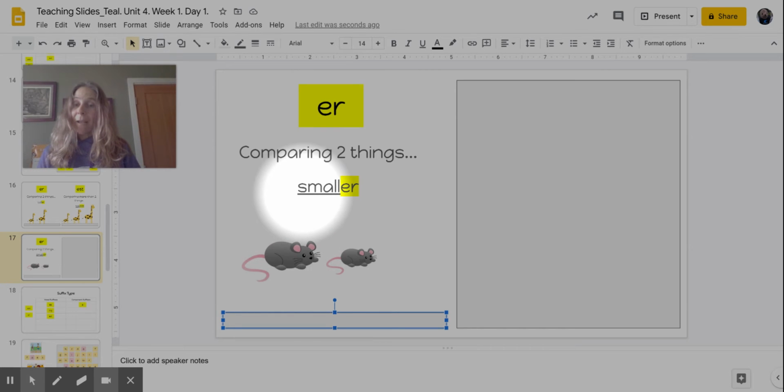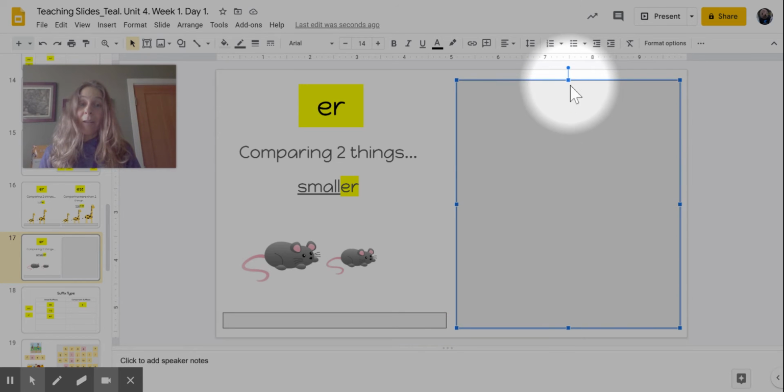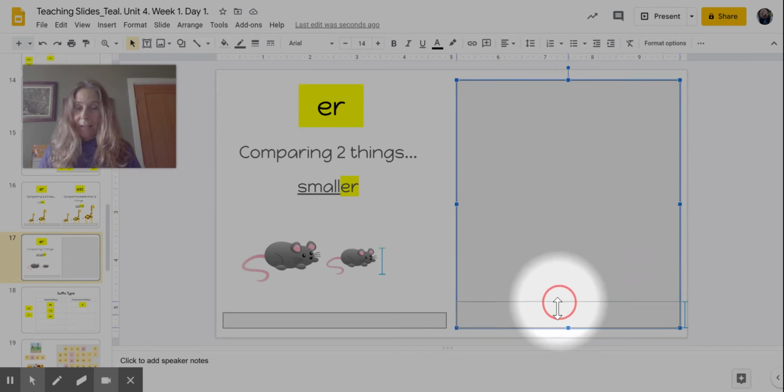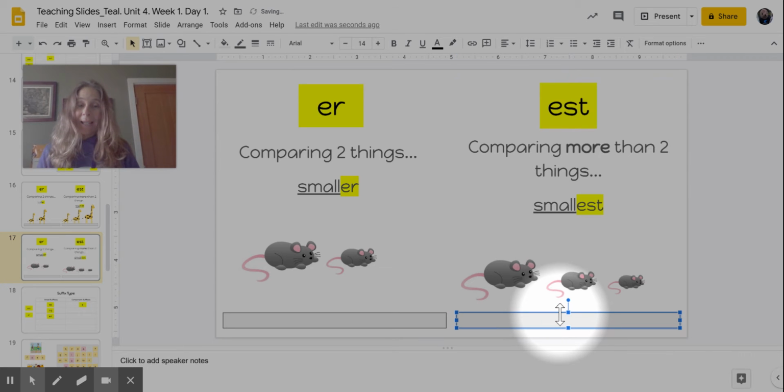So I have my base word small, and I'm going to add my suffix -er because I'm only comparing two things. Now let's take a look. If I want to compare more than two things, I have three mice over here. This mouse is the smallest of all the mice. So I'm going to have my base word small and my suffix est, smallest.